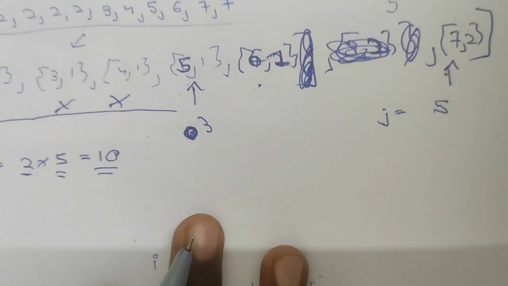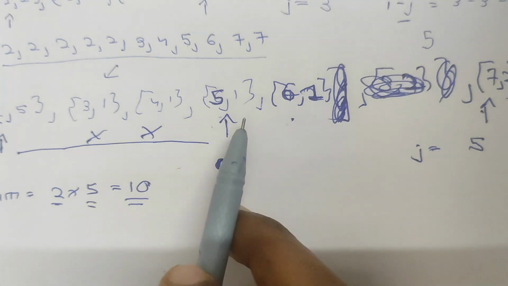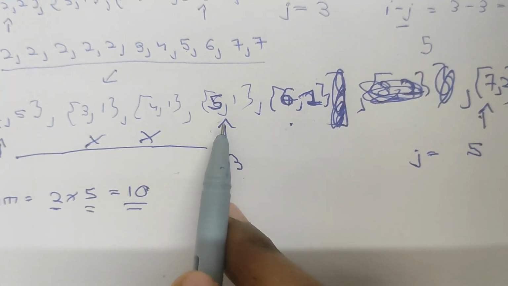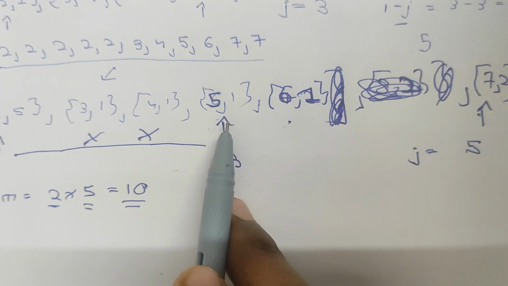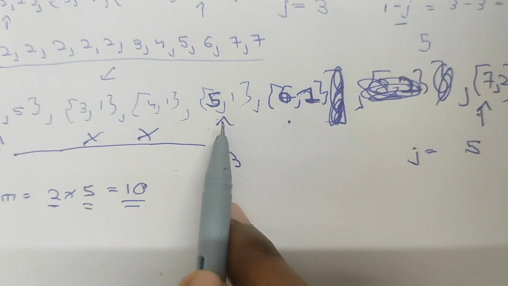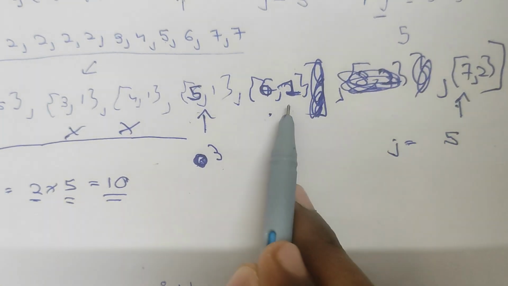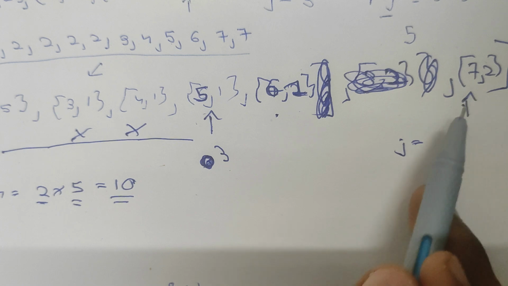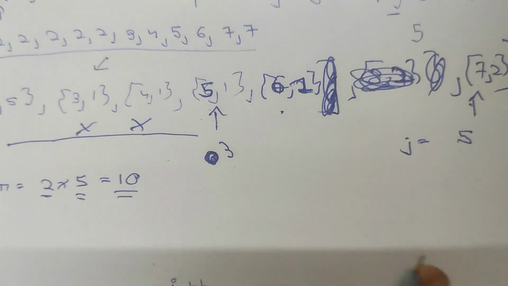Hope you have understood it. So I will tell you again. The main thing is that when you have raised this value, if you are not going to pick this value, it's because you are going to pick either this value or this value. If you don't pick this value and don't pick this value and don't pick this value, it doesn't make any sense.